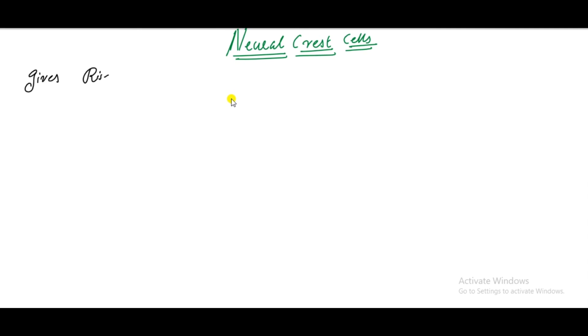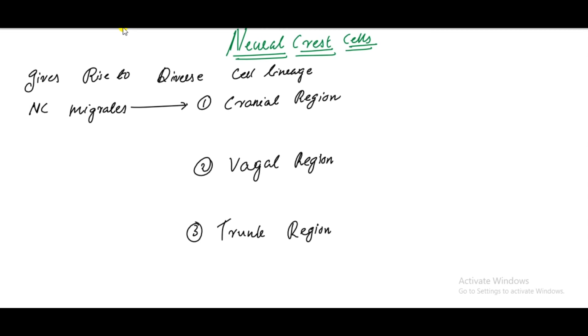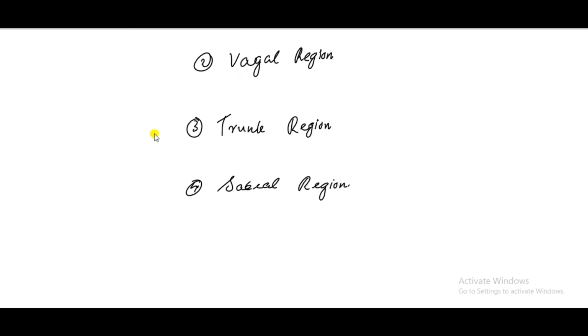Okay, we can talk a little bit about neural crest cells. They give rise to diverse cell lineages. I already said that neural crest cells migrate to various body parts, for example the cranial region, vagal region, trunk region, and sacral region.